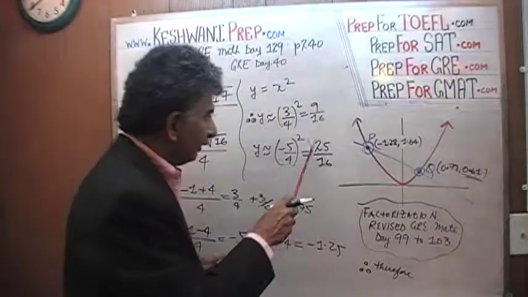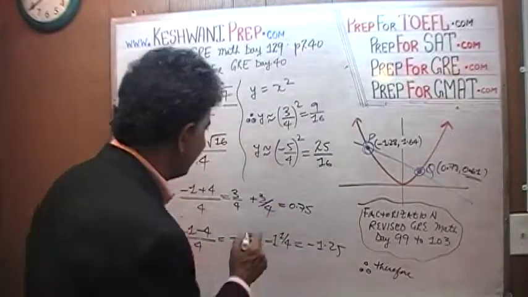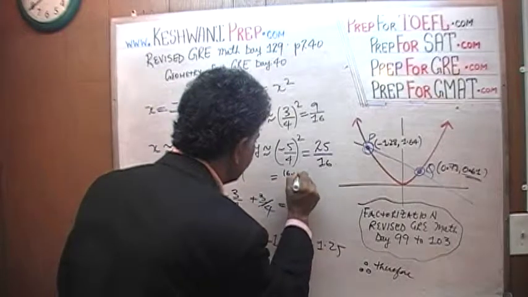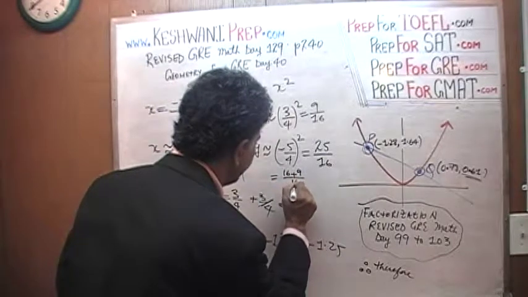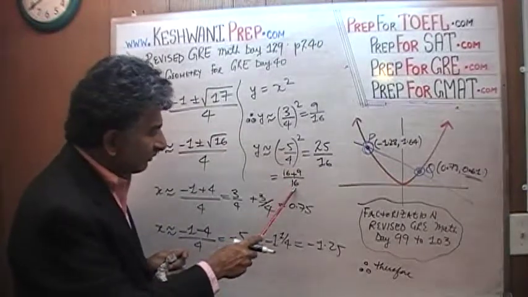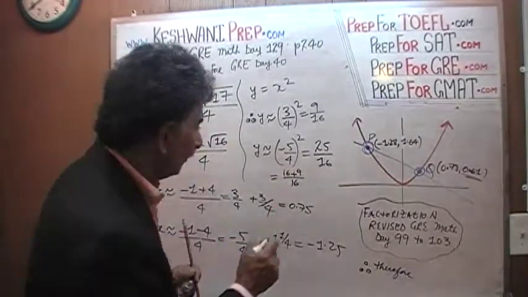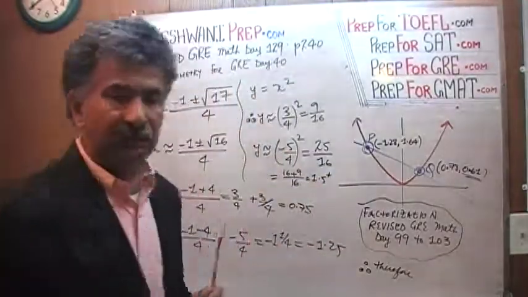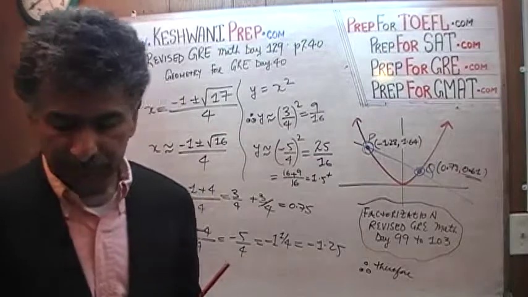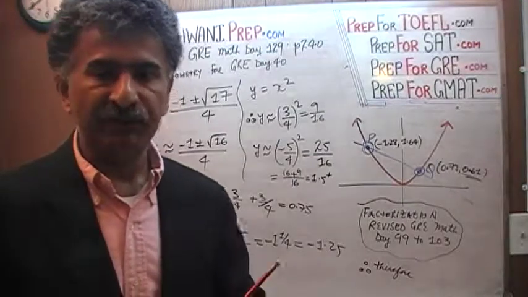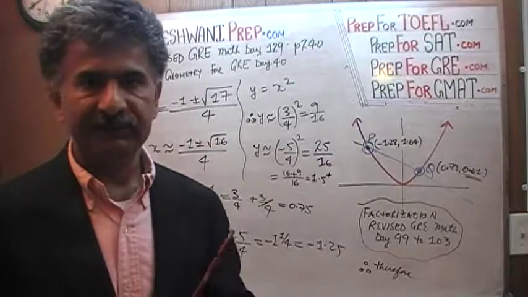Listen carefully. 25 over 16 is the same as 16 over 16 plus 9 over 16. 16 over 16 is 1. 9 over 16 is slightly more than half. So this is going to be slightly more than 1.5. And if you look at the top of the page there, it tells you that it is in fact 1.64.